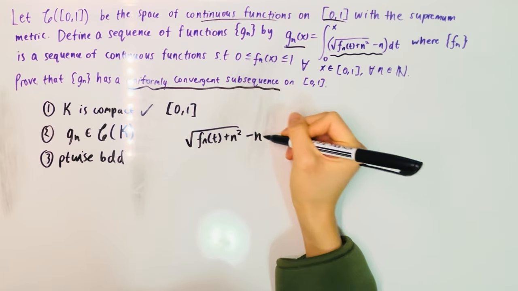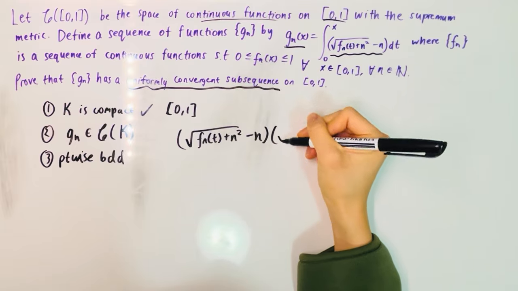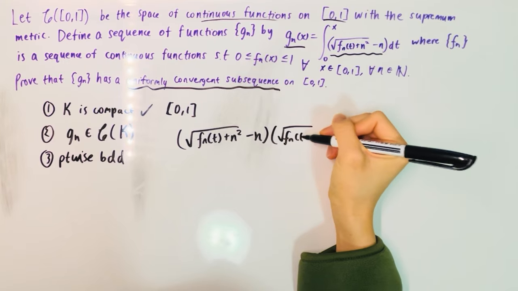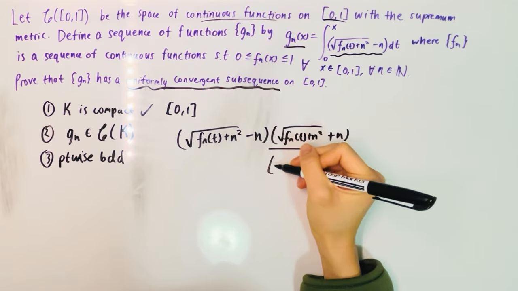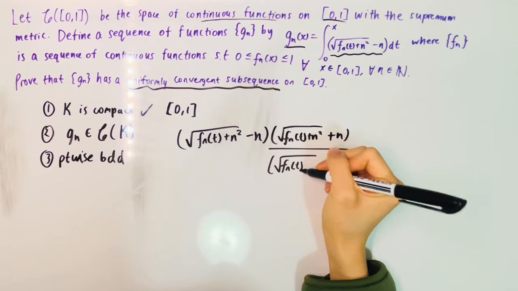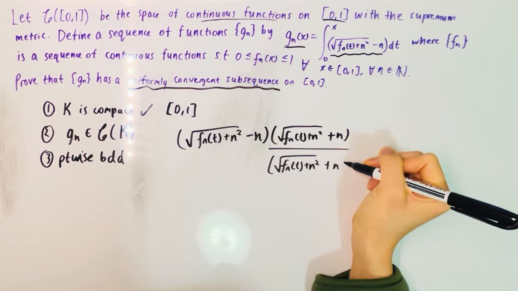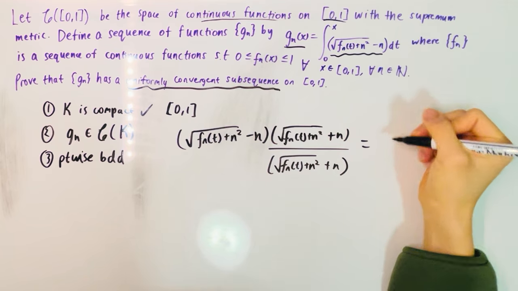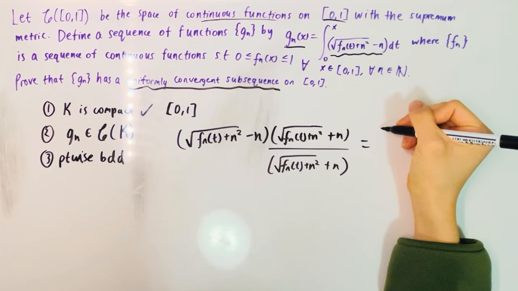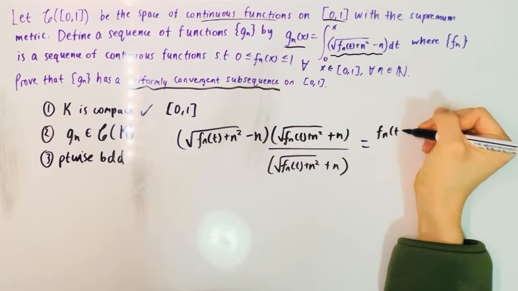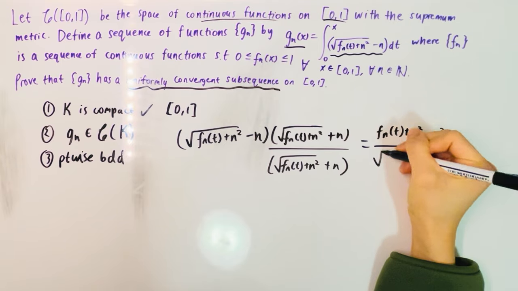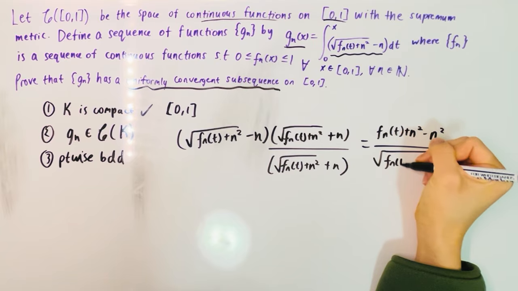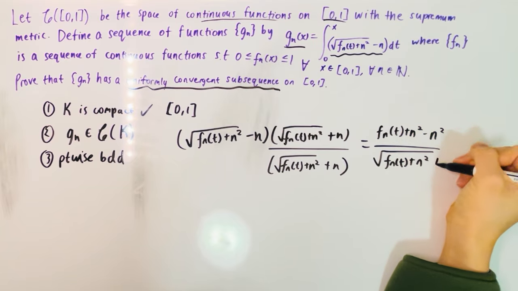Conjugating this, we can multiply the top and bottom by the square root of f sub n t plus n squared, plus n. Difference of squares, and we get that this is equal to f sub n t plus n squared minus n squared, over the square root of f sub n t plus n squared, plus n.